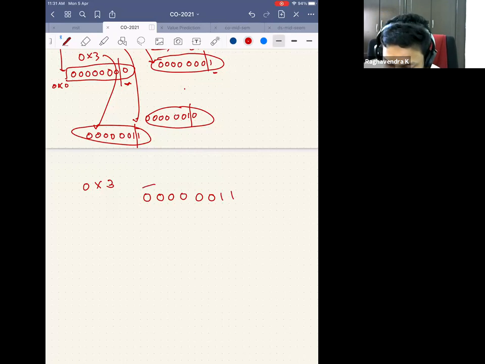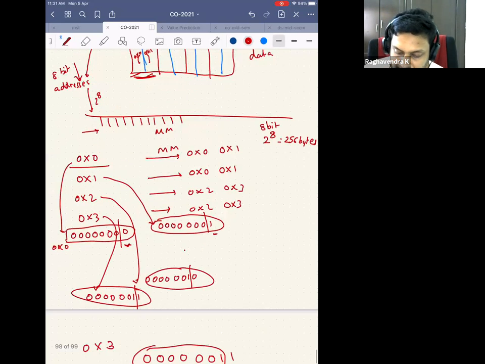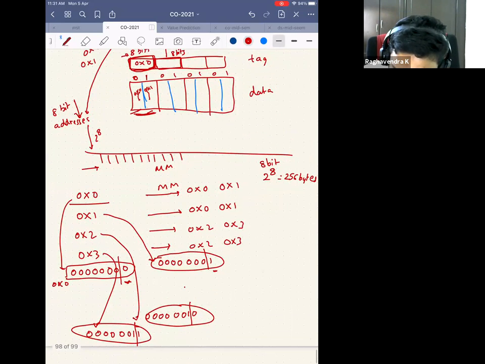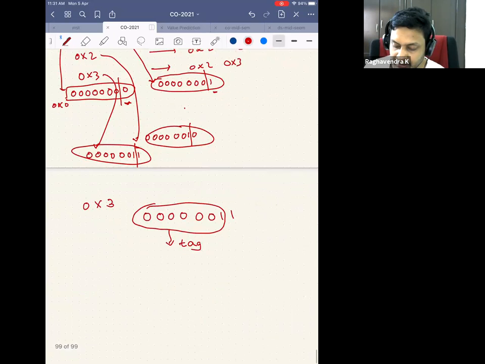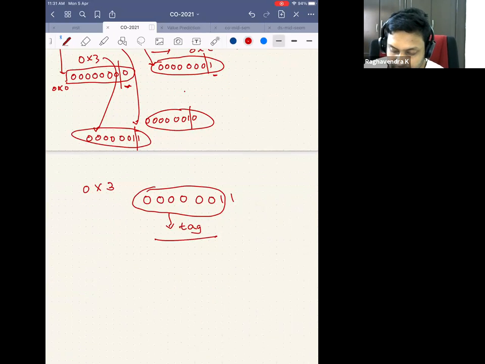Now I use these 7 bits to search in the tag, and it might be a hit here. Maybe I have stored 0x3 and 0x4 here, the data of 0x3 and 0x4. So this will be a hit because it is storing this particular 7 bits. Sorry, I think I wrote it wrong.